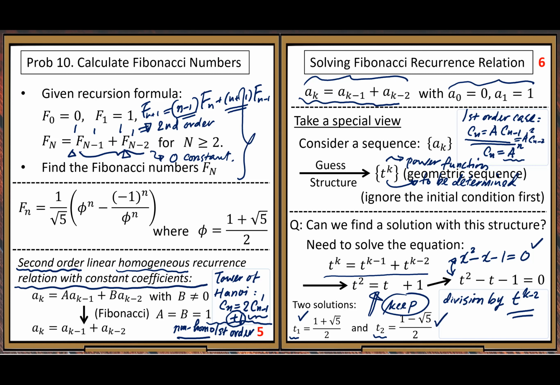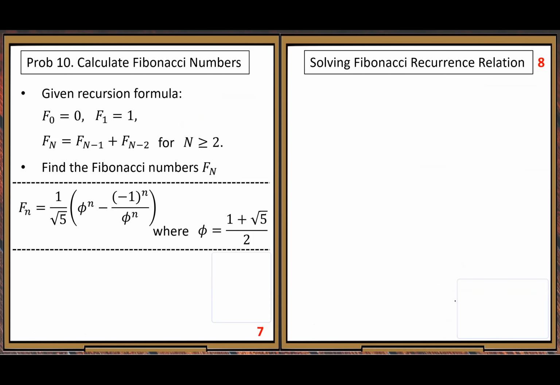That's the conclusion: we find two different special solutions for the given recurrence relation, t1 to the kth and t2 to the kth. All right, so that's our first step.